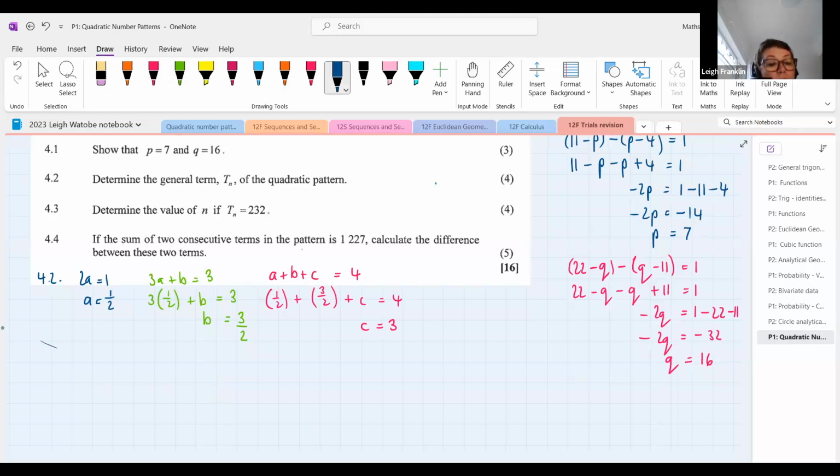Okay, so your nth term in this case is going to be 1/2 n squared plus 3 over 2 n plus 3. Oh, sorry. What I didn't do, I was naughty. I didn't put in the marks.